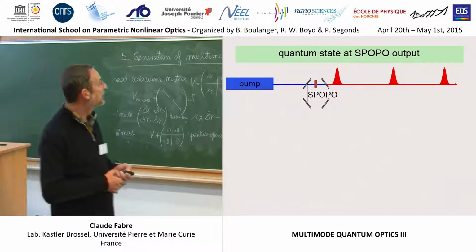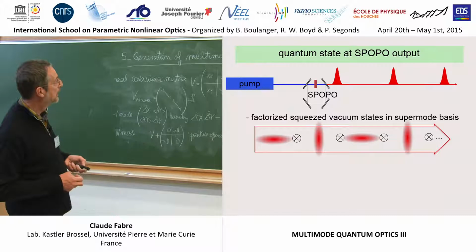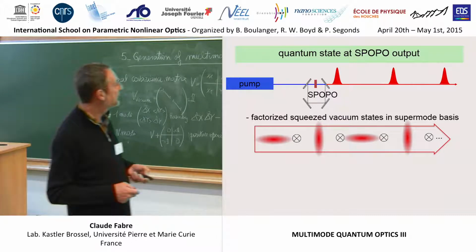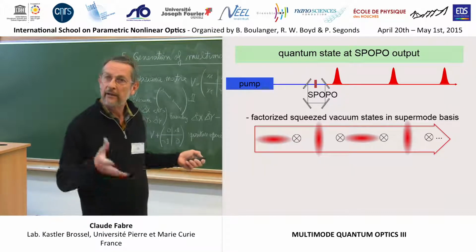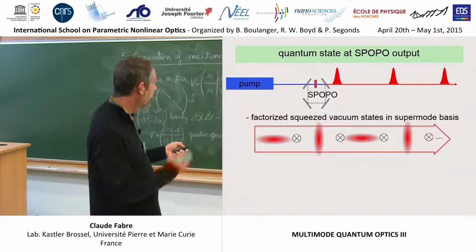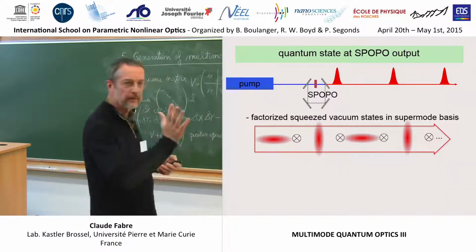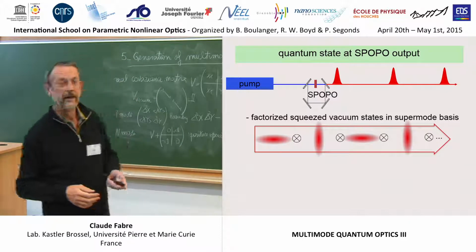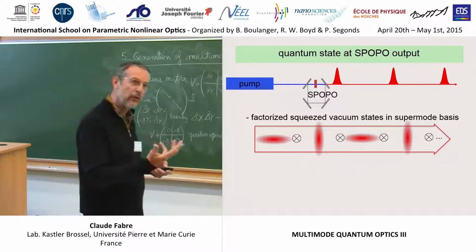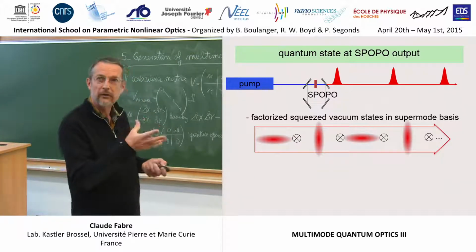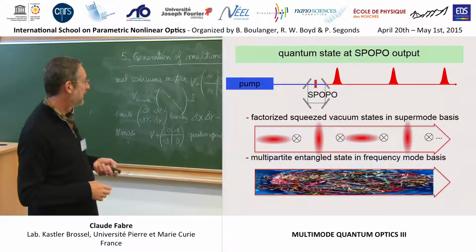Just to finish with this theoretical part, what goes out of our SPOPO is a factorized set of squeezed vacuum states in the right basis. It turns out that it is X squeezed for the first one, Y squeezed for the second one, and so on. But this is in the basis of these eigenmodes. If you look at the basis of the frequency modes, which is the one that we started from, of the 100,000 modes, then it's like that.